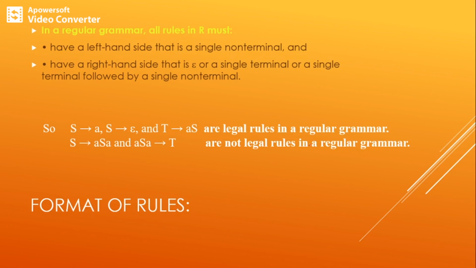These are all legal rules in a regular grammar. S gives aSa is not a regular grammar, because there is a terminal followed by a non-terminal and followed by a terminal, which is not allowed. aSa gives T is also not a proper rule, because the left side is not a single non-terminal.